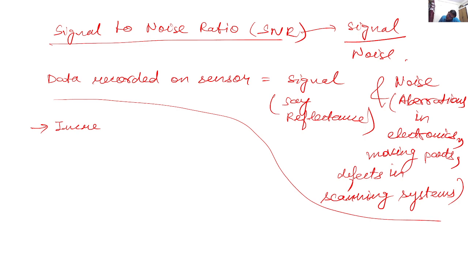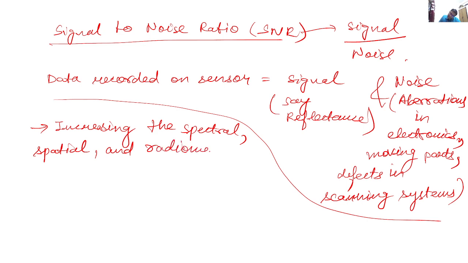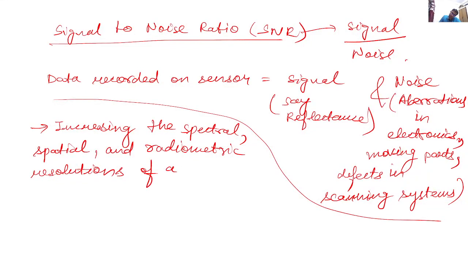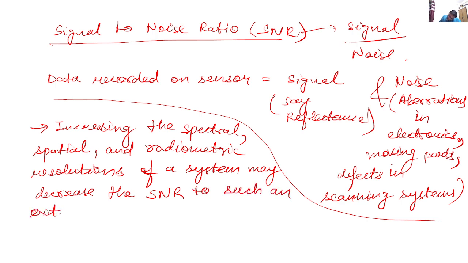Increasing the spectral, spatial, and radiometric resolution of a system may decrease the SNR to such an extent that the data may not be reliable.